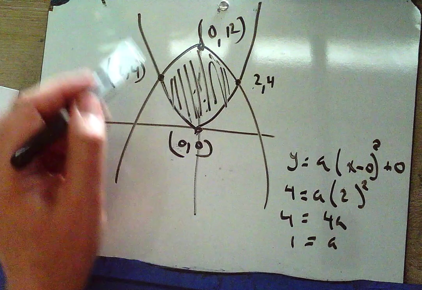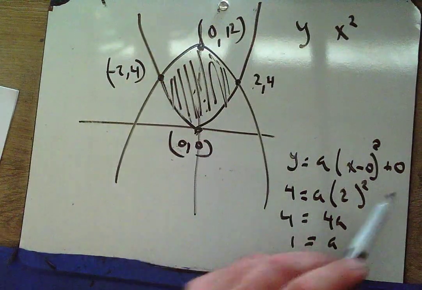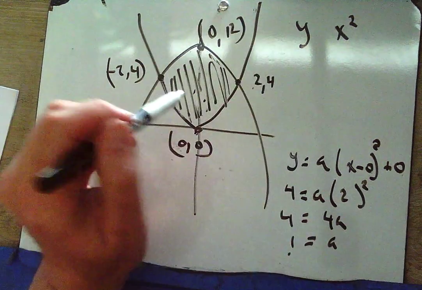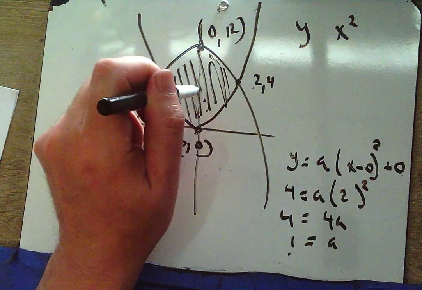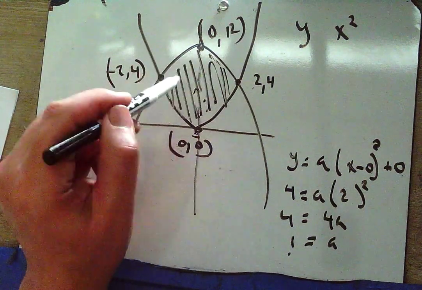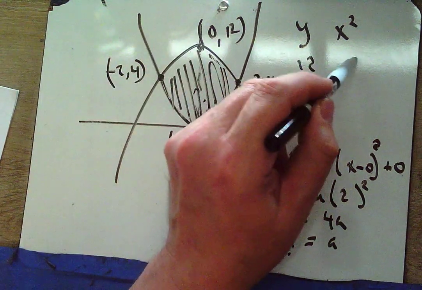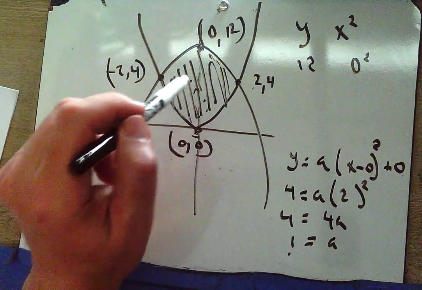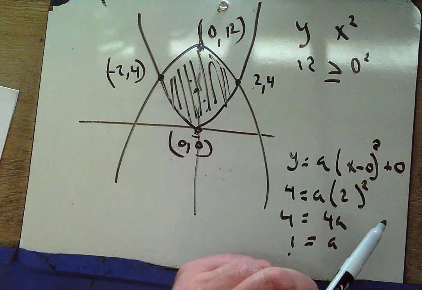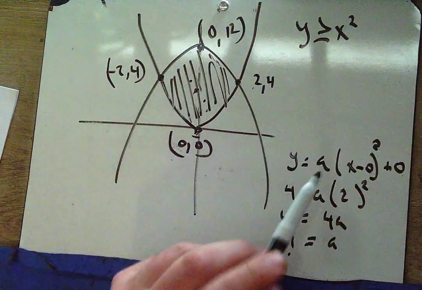So this is really just y equals x squared, because these are zeros, and my a value is 1. Now, I'm shading inside the parabola, that's this one, and all these points should be yeses. I'm going to try (0, 12). Is 12 greater than 0? I want that to be a yes. So I do this. So that means this. Okay, there's our first inequality.